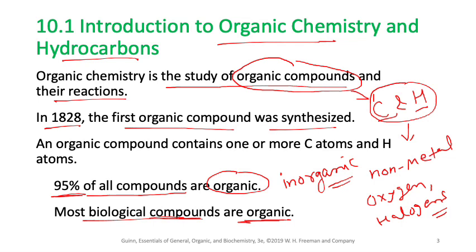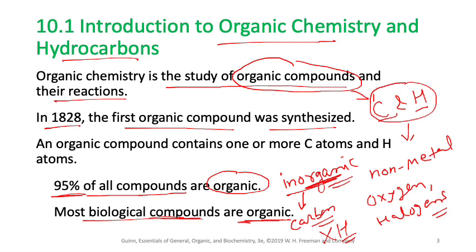But before that, let's talk about the inorganic compound. What is an inorganic compound? An inorganic compound is a small group of compounds that contain carbon but not hydrogen. This is how you can differentiate between organic and inorganic compounds. Organic compounds consist of carbon and hydrogen, whereas an inorganic compound can have carbon but doesn't have any hydrogen in it.